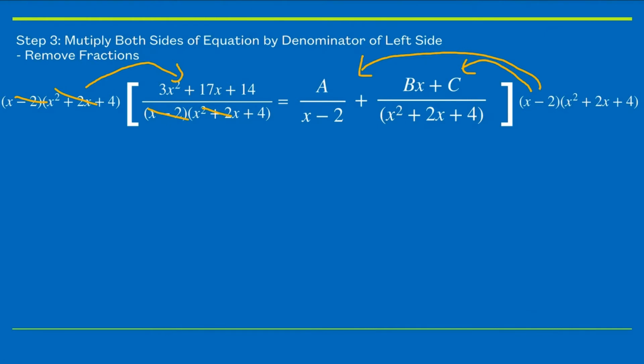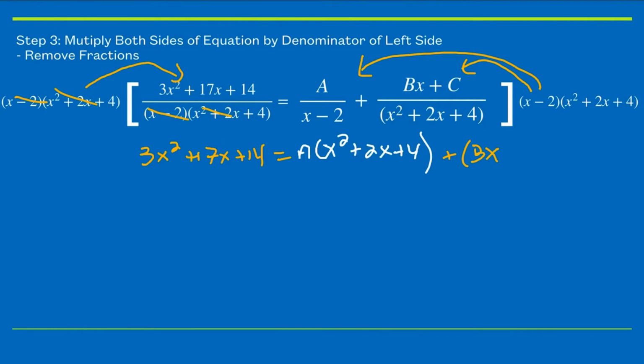So on the left side of the equation, we're going to have 3x squared plus 17x plus 14 equals, and then on the right side, the x minus 2's will cancel, so we'll wind up having a, you can see that, and then we're going to have times x squared plus 2x plus 4, and then we have to do it one more time to this fraction, and then the x squared plus 2x plus 4's will cancel, and then what we'll have is plus, and in parentheses, bx plus c, and then times x minus 2.